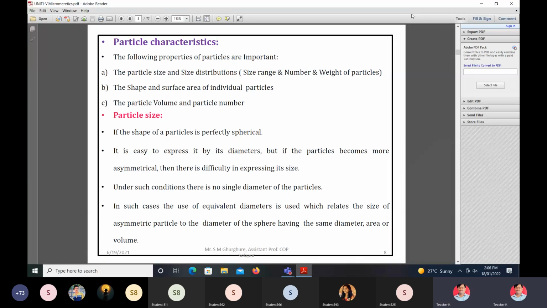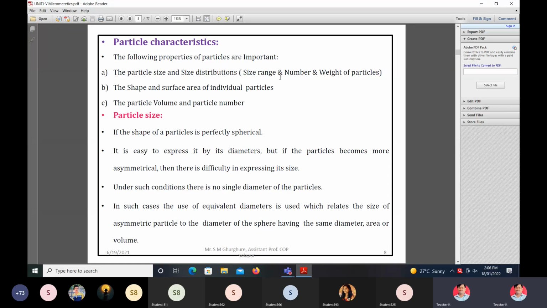But if the particle becomes more asymmetrical in nature, then there is a difficulty in expressing its size. In such conditions, there is no single diameter of the particles that we can observe.